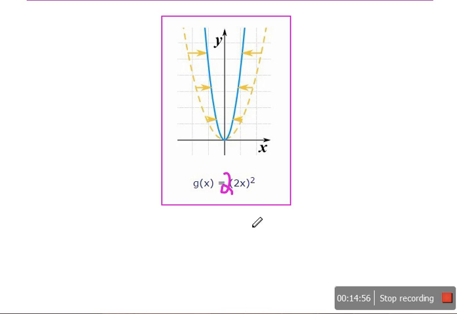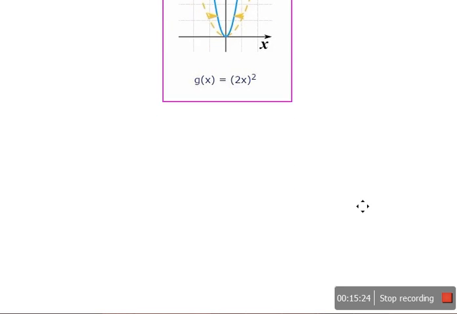Previously we were multiplying the whole function, and that's why there was a change in the y direction. Now it's happening in the x direction. When you multiply 2 here, this was the original function, and it goes like that.